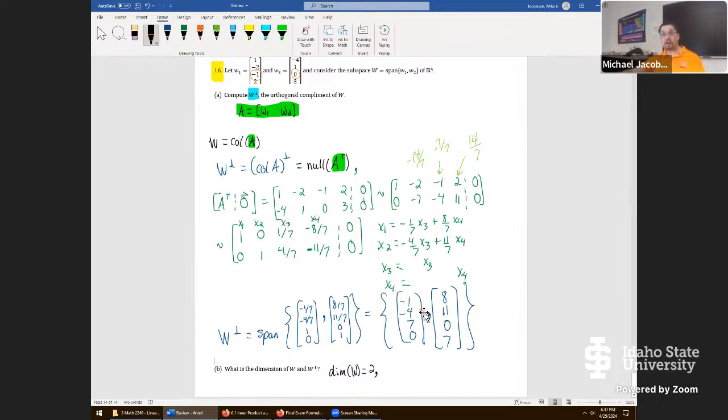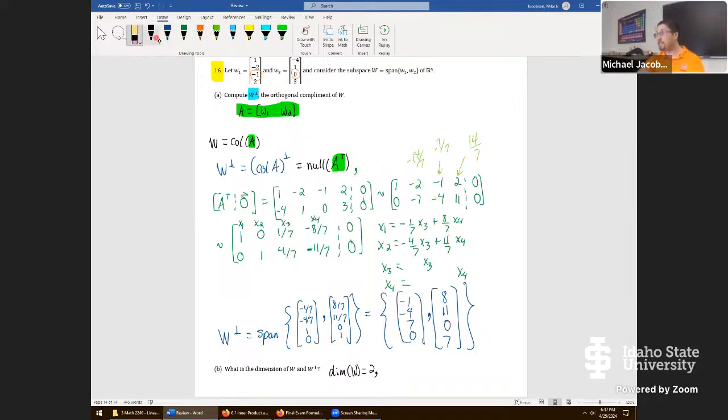Likewise, this one is automatically linearly independent, but there's an even bigger comment. The whole process of finding a null space and writing it out like this will always produce linearly independent vectors. Even if I had like 3 of them, I would know because I solved a null space, those are independent.